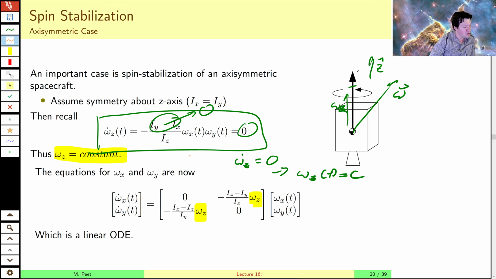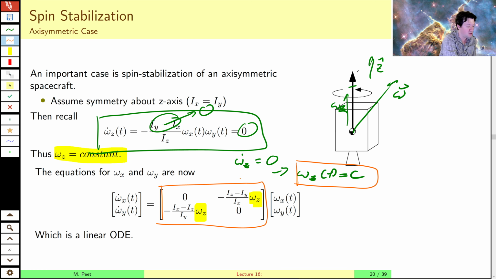Now, because we've been able to eliminate one of our state variables, well, we didn't eliminate it, we solved for it. It's known. It doesn't change with time. We can pull that out in these coefficients. There's only 2 of them. There's this one and this one.